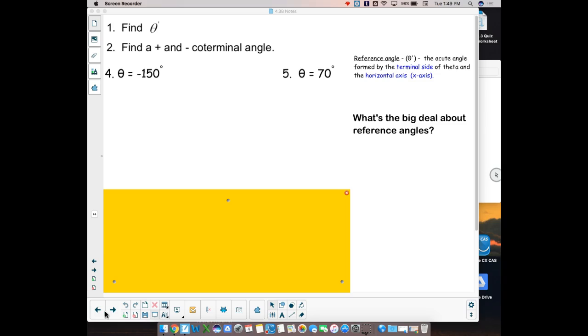Why do we go with reference angles? Why do we use reference angles? What did we use reference angles for on Friday, other than just finding what they are?